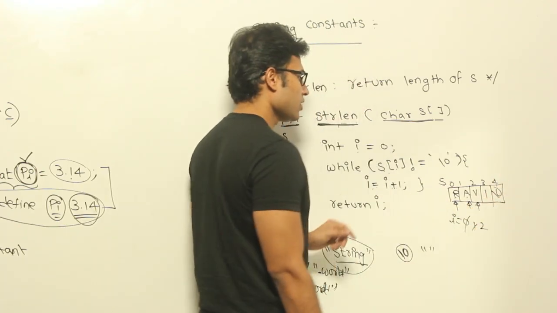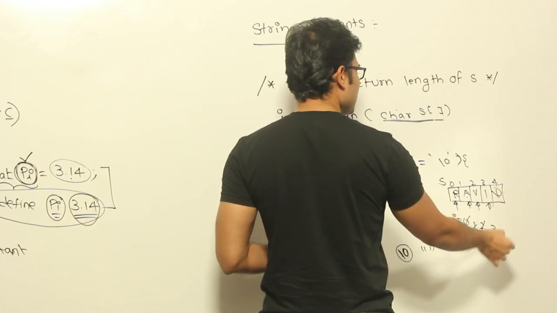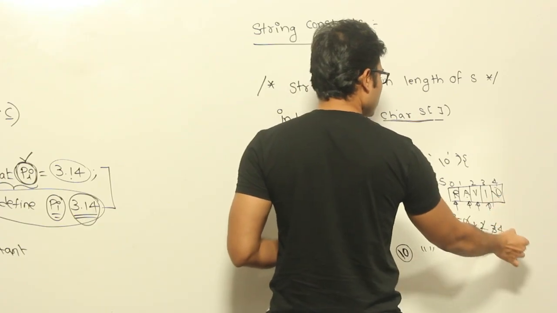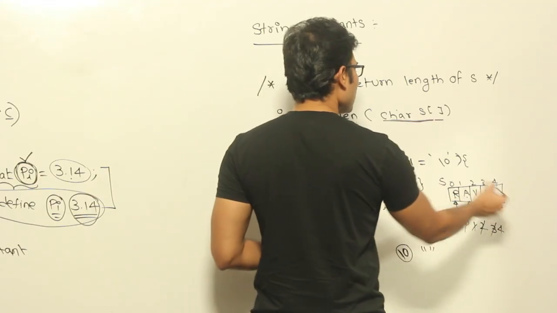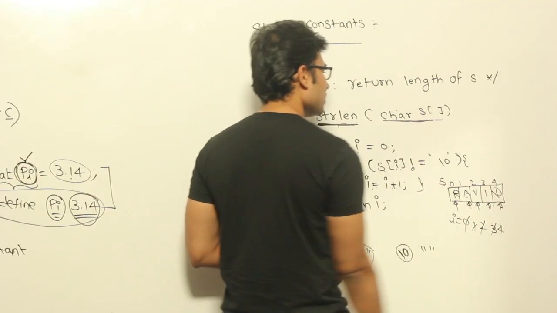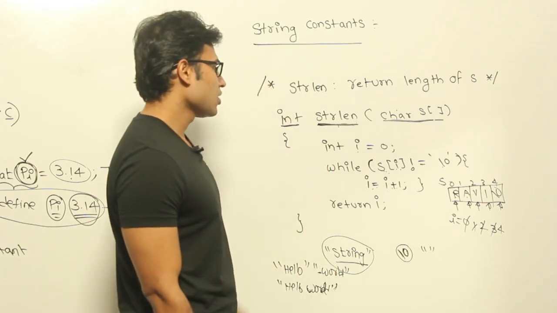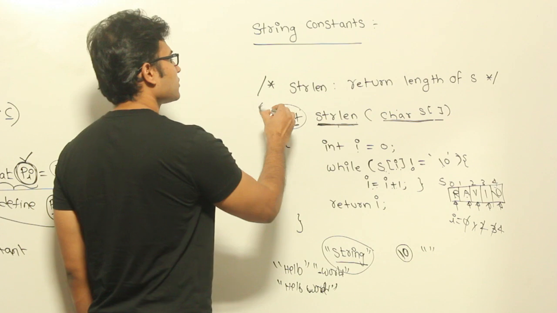Now it is V, not equal to null, therefore it will be made 3. Now again it will come here and check, not equal to null, therefore 4. Finally when i equals 4, s of i not equal to null will fail because s of i is actually equal to null. That is when you are going to come out of this while loop and return 4. So 4 will be returned.